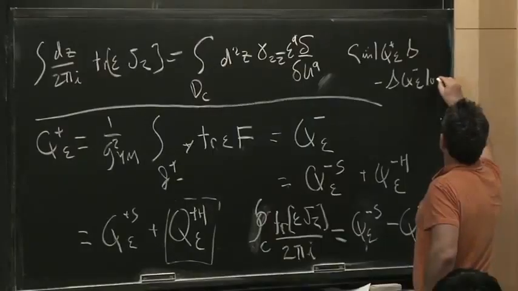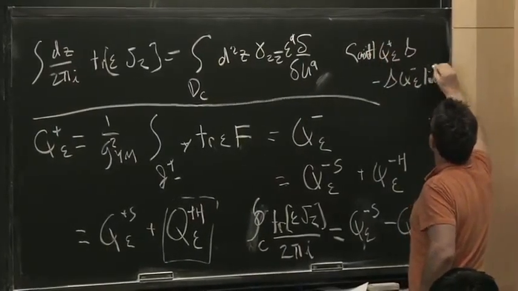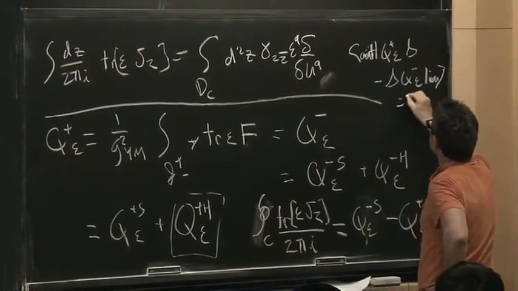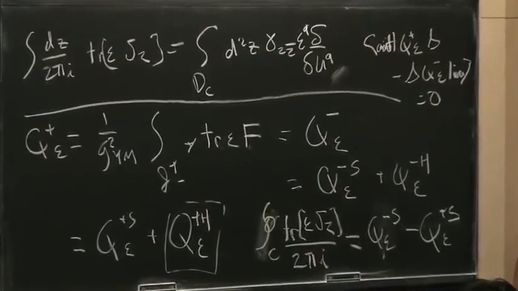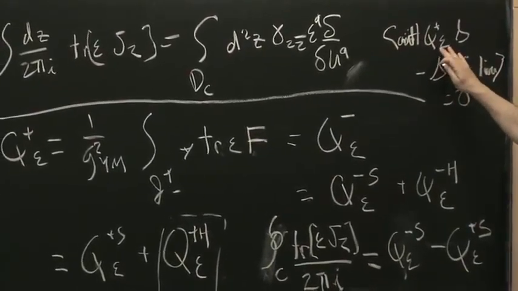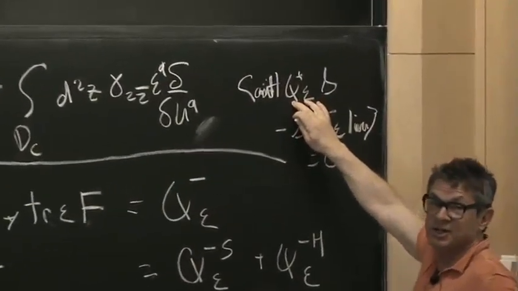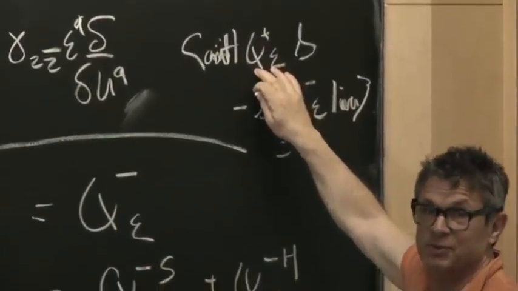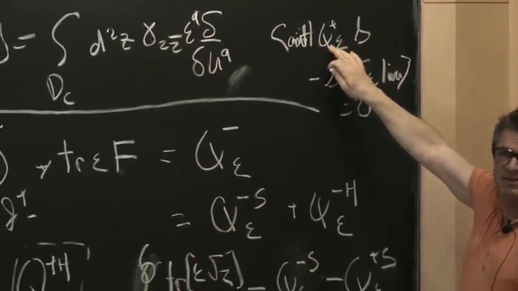Minus epsilon, sorry, this would be out and this would be in, equals 0. And this generated gauge transformations, but there were two pieces, the soft piece and the hard piece.